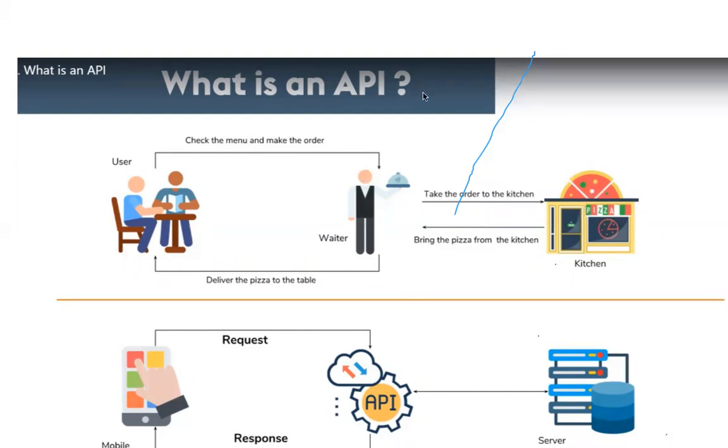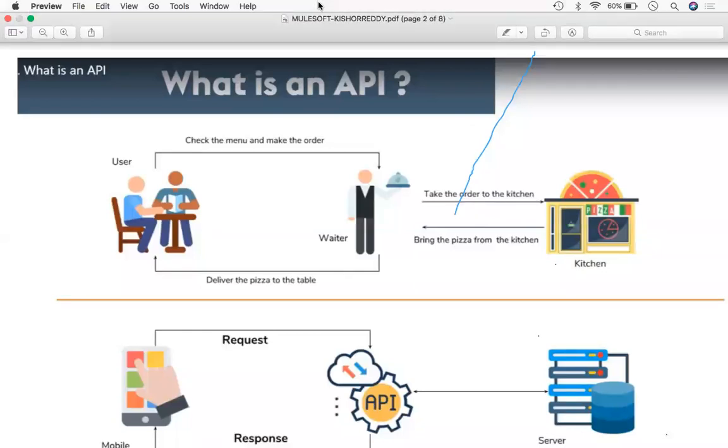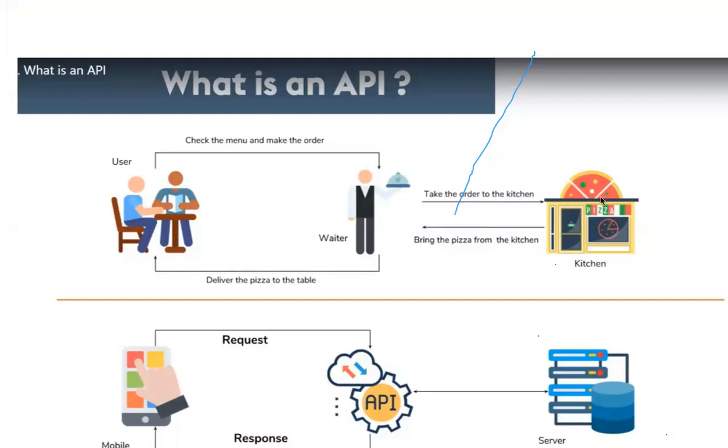In the kitchen, who will take your request? Chef. Very good. The chef will take your request. Based on your request, he is going to prepare a response, right? Response is nothing but, if you order chicken biryani, he will prepare it. If you want some chili chicken, based on your request, he is going to prepare that response, and again he is going to hand it over to the waiter.